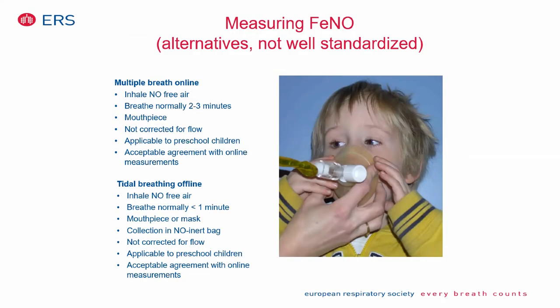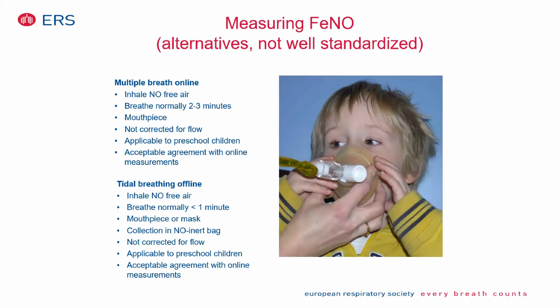There are alternative methods to measure FeNO in younger children, because this is a difficult maneuver to do during several seconds at a constant flow. For smaller preschool children, there are some less standardized methods, for instance the so-called multiple breath online method. Here you just breathe normally.